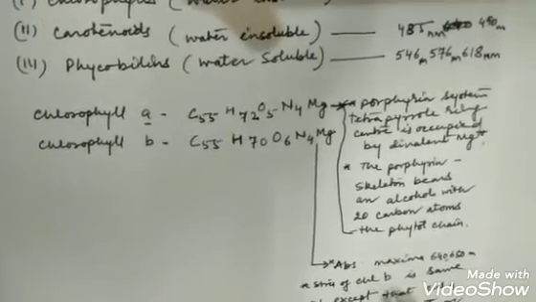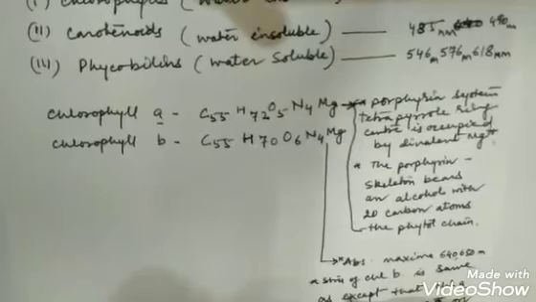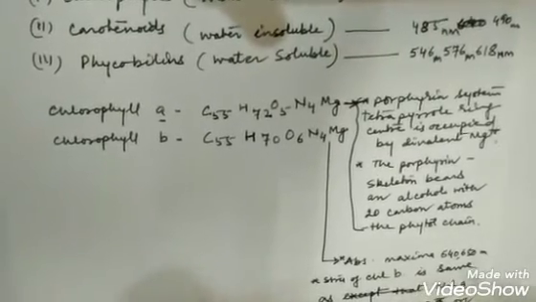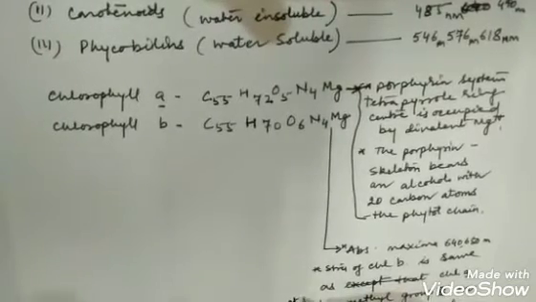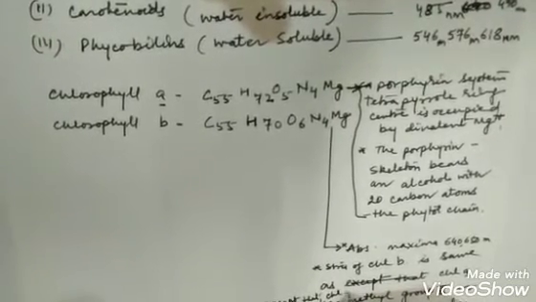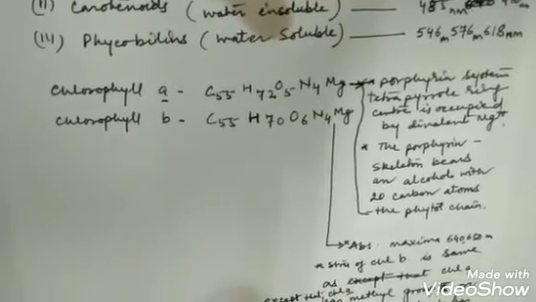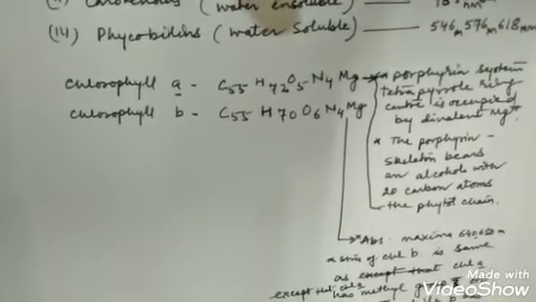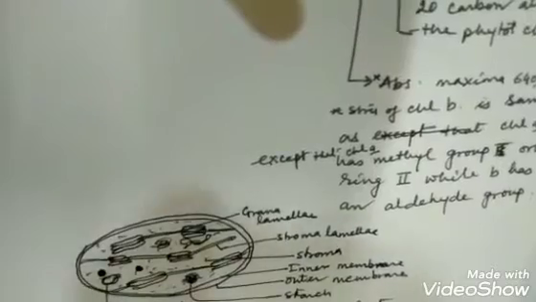The structure of chlorophyll B is same as chlorophyll A molecule, except that chlorophyll A has a methyl group on ring 2, while B has an aldehyde group. And this chlorophyll B is restricted to some class of algae and some herb plants, but it is found in higher plants and some class of algae.